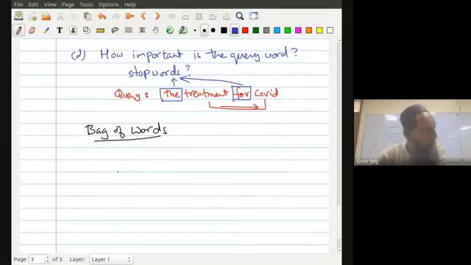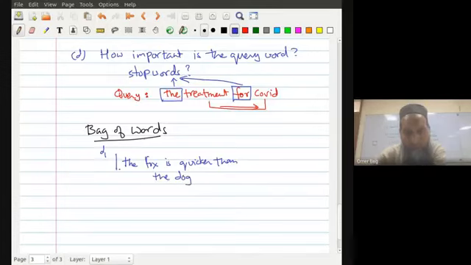So that means, let's look at a few examples. Let's say there is document one that says the fox is quicker than the dog. And let's say this is document one.